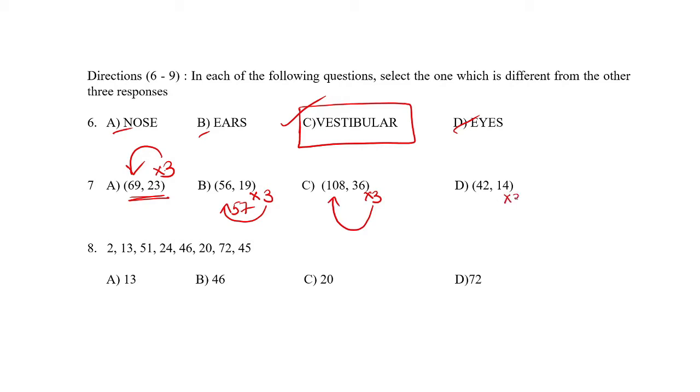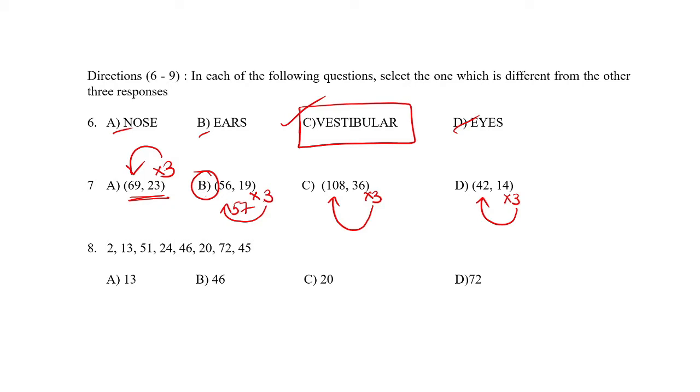And 14 into 3 is 42. Okay. Options A, C, D: these three follow the same rule. Option B is wrong. That is the odd man out, because in the place of 56, the answer is 57. So 19 into 3 is 57, not 56. So the answer is option B.